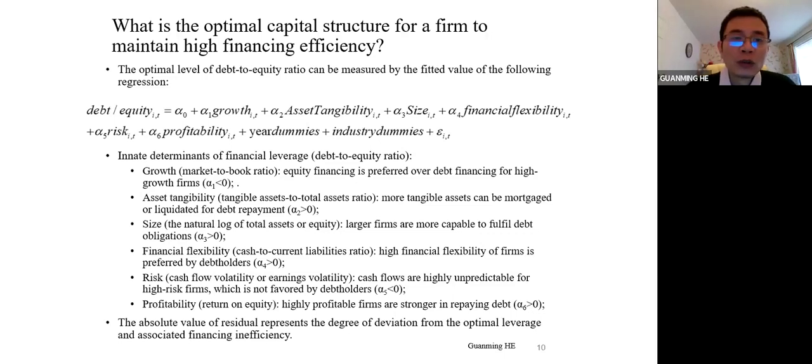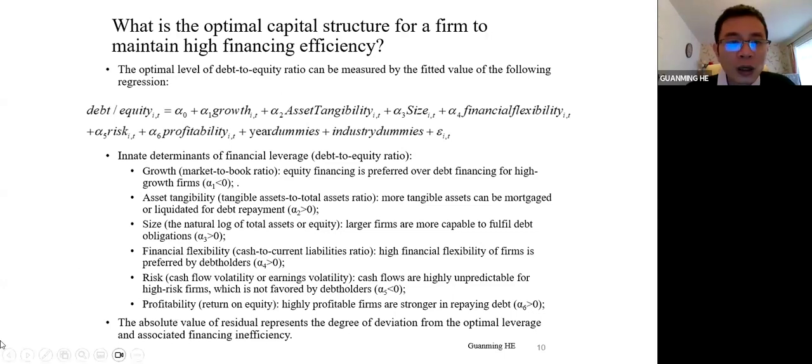Financing is very important for the company's operation and investment. So it's always good for the companies to figure out what portion of the funds should be raised from the debt markets versus equity markets.